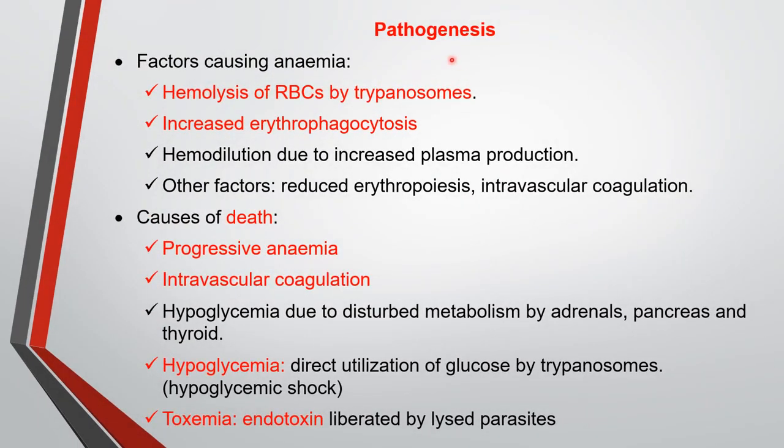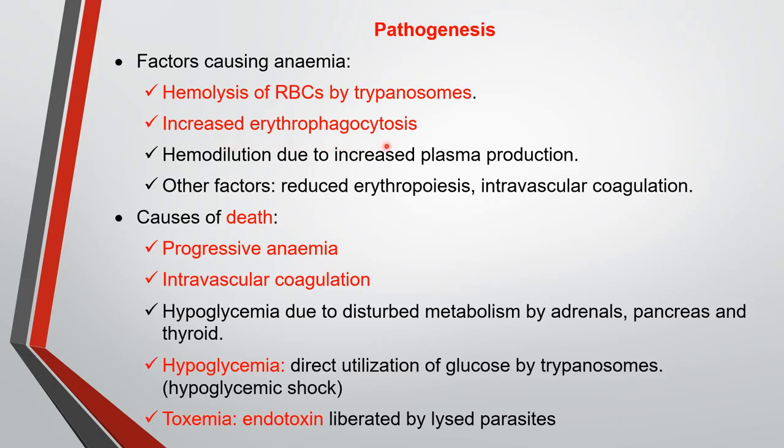Continuing the pathogenesis, we have seen that anemia is the main finding. Here we will see the factors that cause anemia. Factor 1, hemolysis of RBCs by trypanosomes directly. Second, they increase erythrophagocytosis.